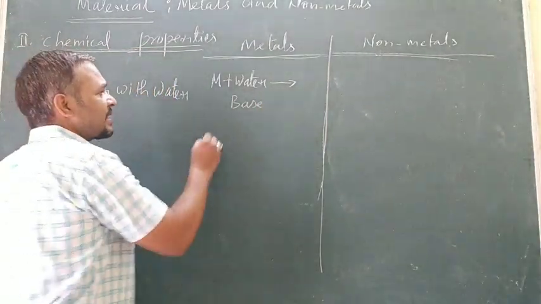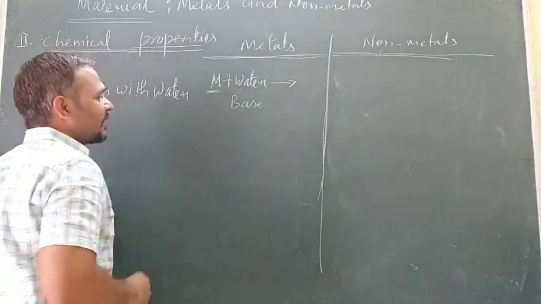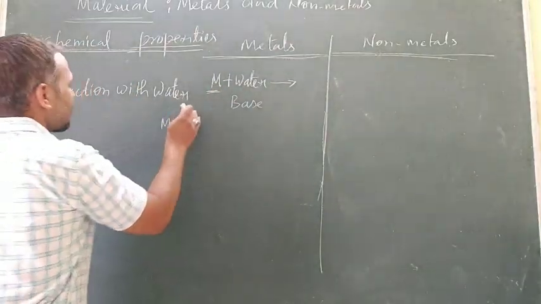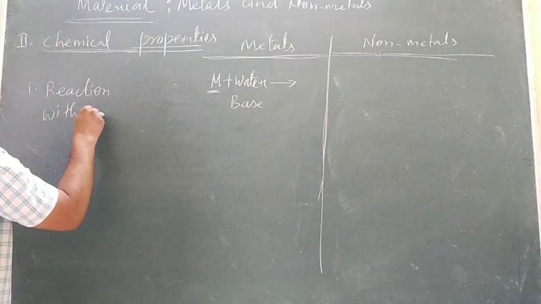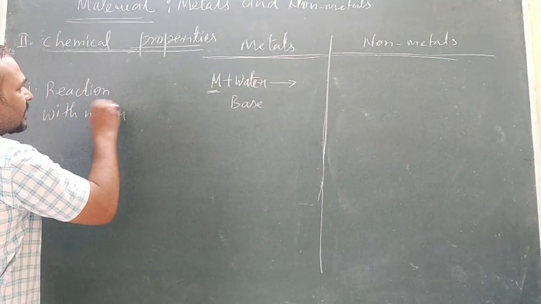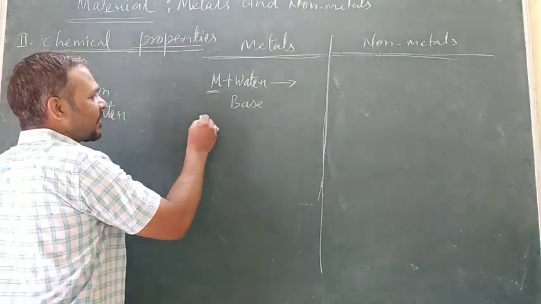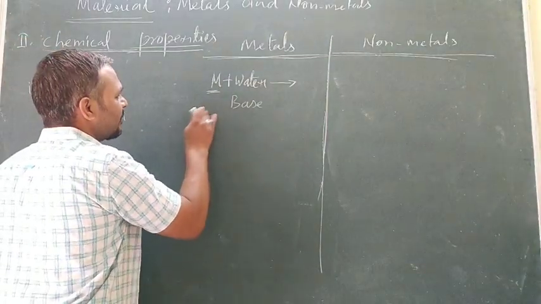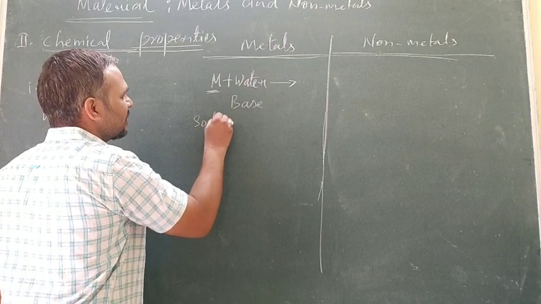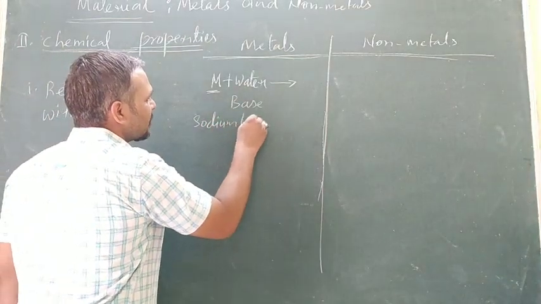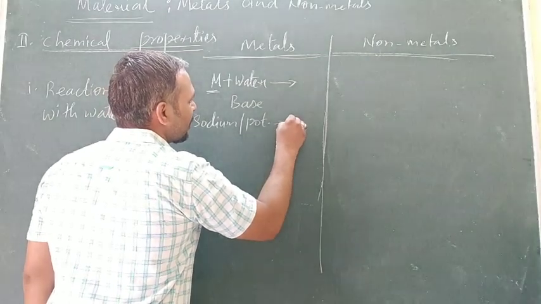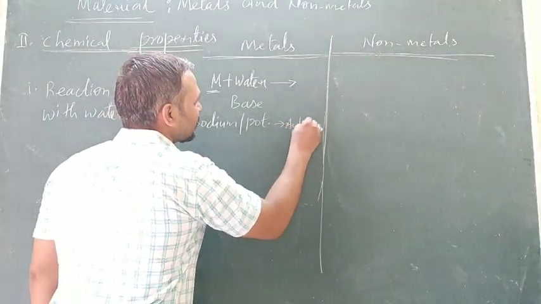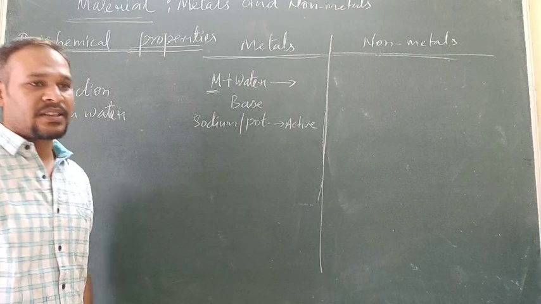Now all the metals are not reacting with water. Sodium, here you can write sodium, or potassium, they are active metals, so they react vigorously.